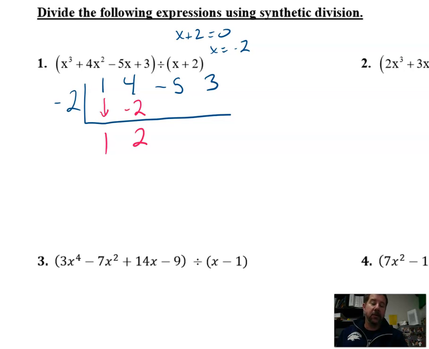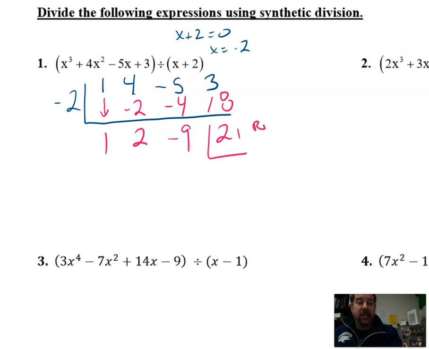Add is 2. 2 times negative 2 is negative 4. Add, I get negative 9. Negative 9 times negative 2 is positive 18. Add, I get 21. Now in this case, it didn't equal 0 like the example above, but that's okay. This here is still my remainder.